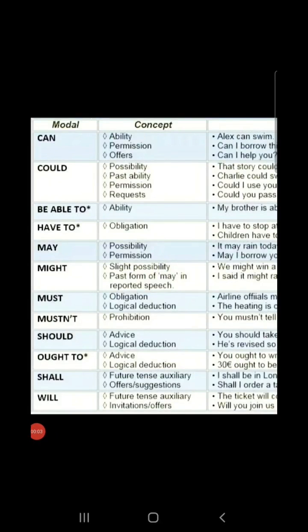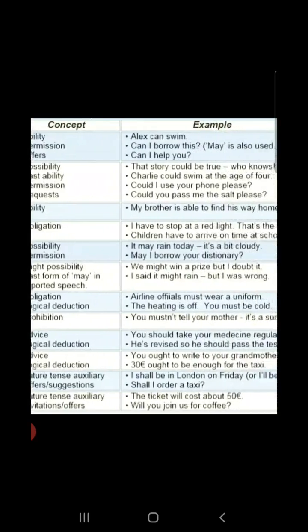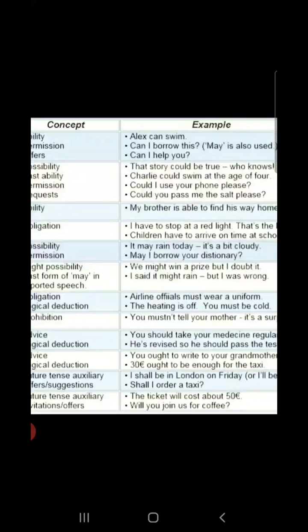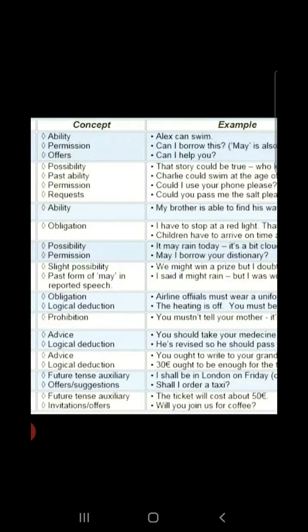Next word we have may, which reflects possibility, permission. It may rain today. It's a bit cloudy. So it's a possibility that something can happen, something can take place, and it's rain.